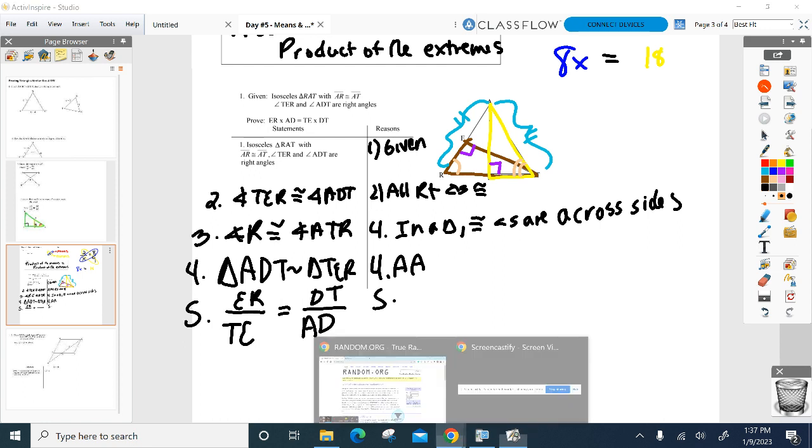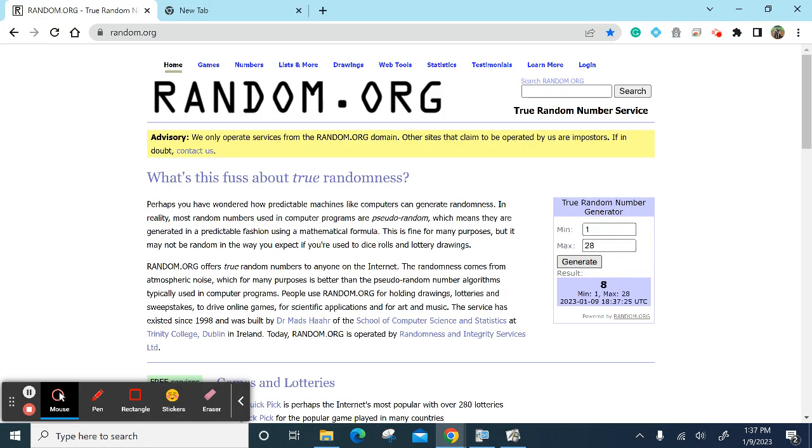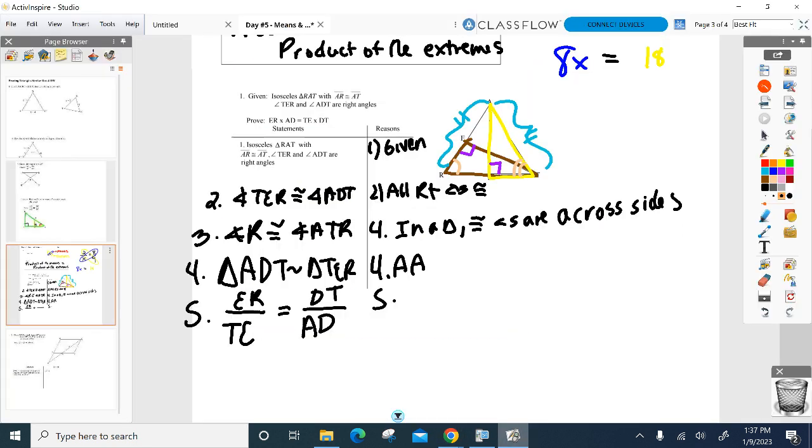Why are the sides in proportion again? Because the triangles are similar. Yep. And from Friday, we had a little reason here. CSSTP. There we go. Corresponding sides of similar triangles are proportional. Now do you see how we're taking it an extra step? Now we can cross multiply.